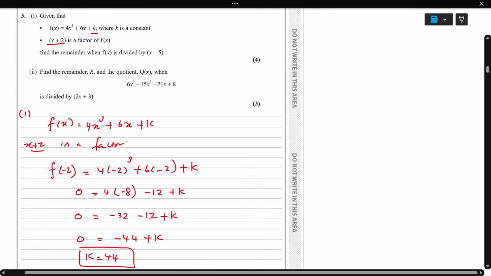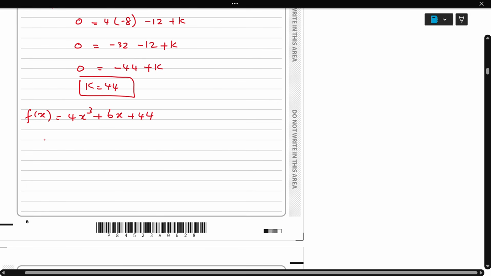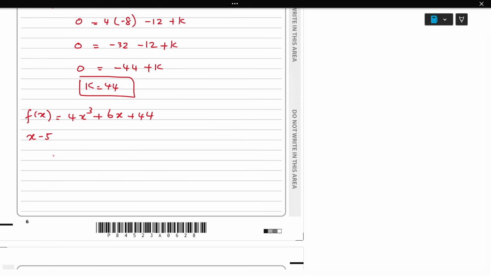Now, find the remainder when f of x is divided by x minus 5. So x minus 5 will divide this, so again we'll use the remainder theorem. We have to put f of 5, which is 4 of 5 cubed plus 6 into 5 plus 44, which is equal to 4 into 125 plus 30 plus 44.